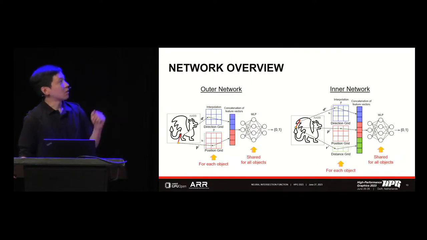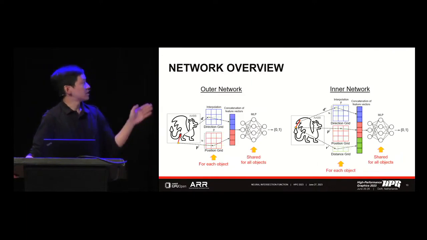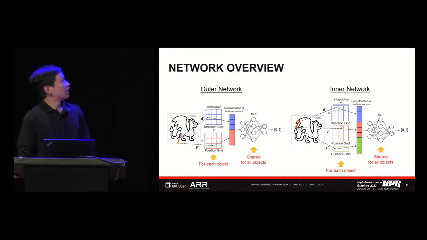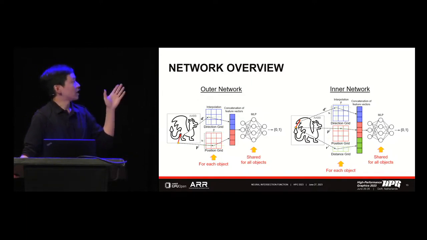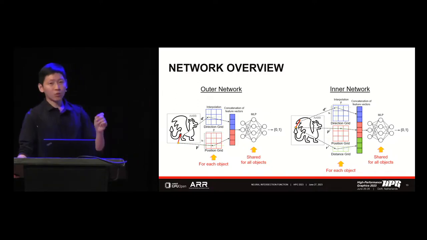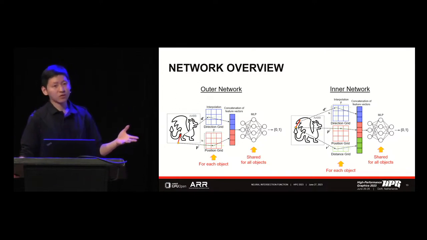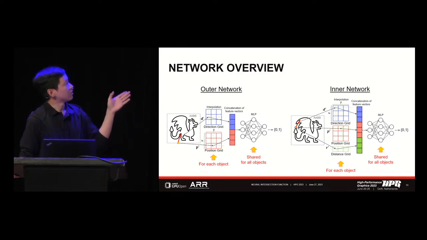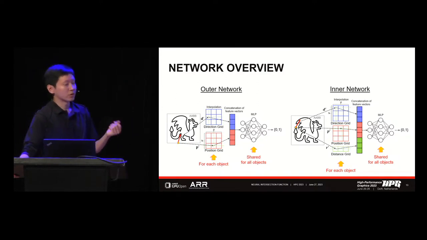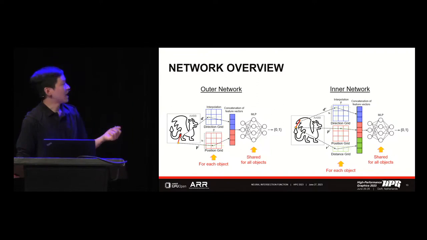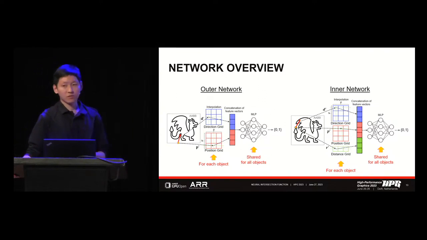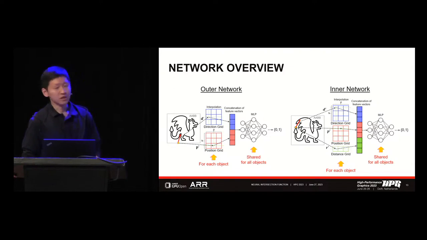This is the overview of the network. As you can see from the left-hand side, for each object, we will have a bounding box. Based on the position of the ray, there are two types of situations. For example, for the outer network, we utilize a direction grid and a position grid, and inside those grids are stored trainable vectors. Once we retrieve those trainable vectors, we concatenate them to form the actual input to be trained in the neural network.